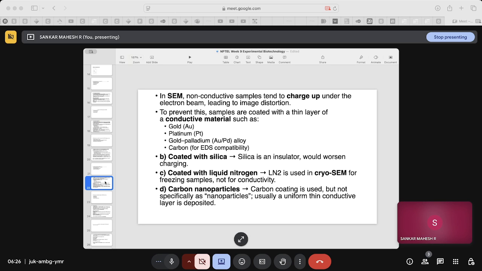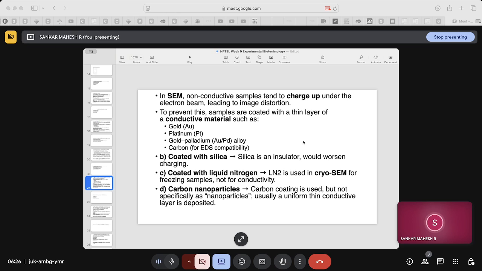Good. Like you mentioned, but a bit more specific here: these non-conductive samples will lead to image distortion. What you get as an image will be more of noise.